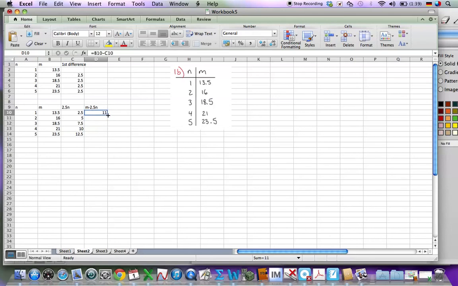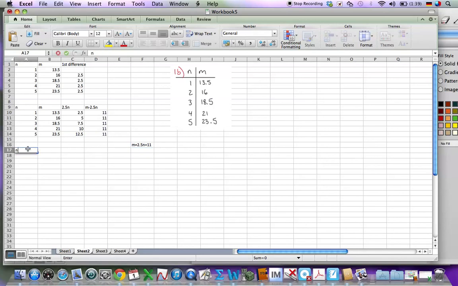And I'm always getting 11. So I know that the final formula is, let's put it over here, m equals 2.5n plus 11. And let's put it to the test.